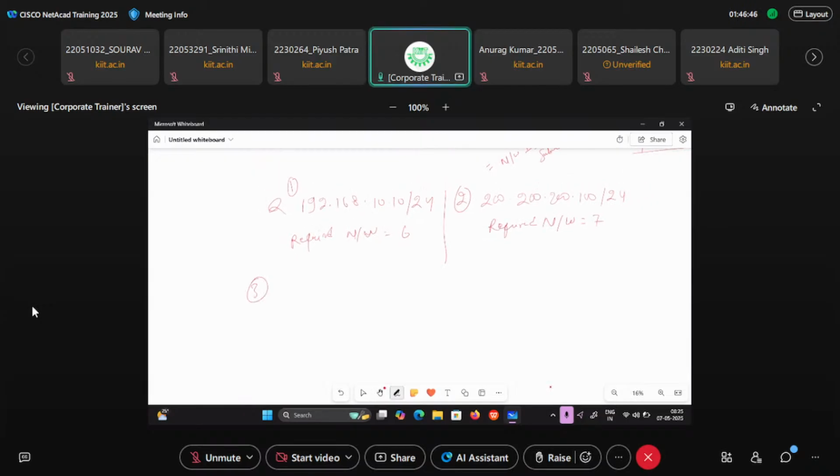The third one is, let it be the IP of 192.192.20/24. And required network is equal to, let it be 6. Okay, 6 I have given. Let it be 4.